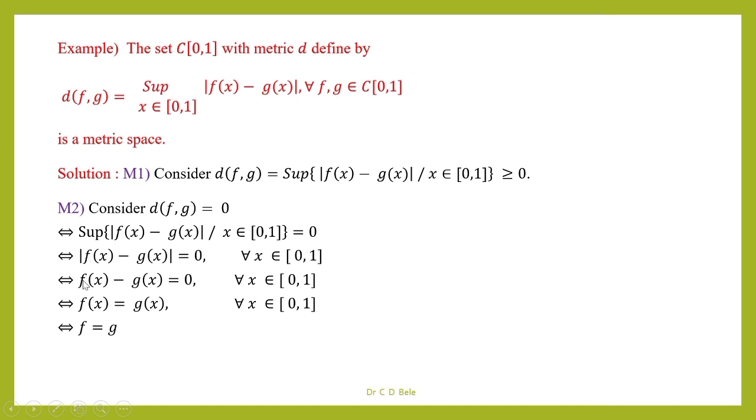This is nothing but f of x minus g of x is equal to 0, and therefore f of x is equal to g of x, and therefore f equals g. So it satisfies the coincidence property, that d of f, g is equal to 0 implies and is implied by f equal to g.